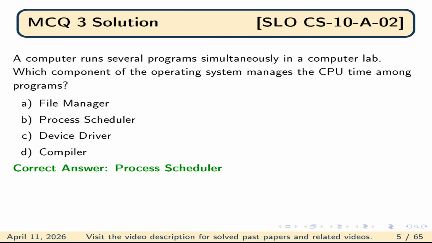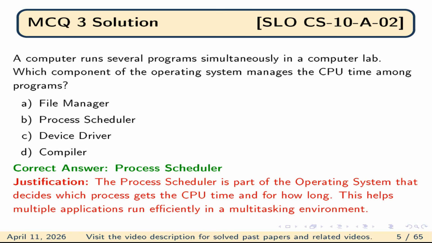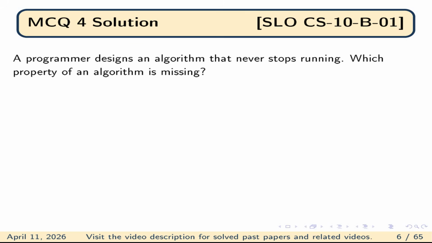The correct option is process scheduler, because the process scheduler is the part of the operating system that decides which process gets the CPU time and for how long, जिसको हम CPU scheduling भी कहते हैं या scheduling algorithm भी कहते हैं. This helps multiple applications run efficiently in a multitasking environment.